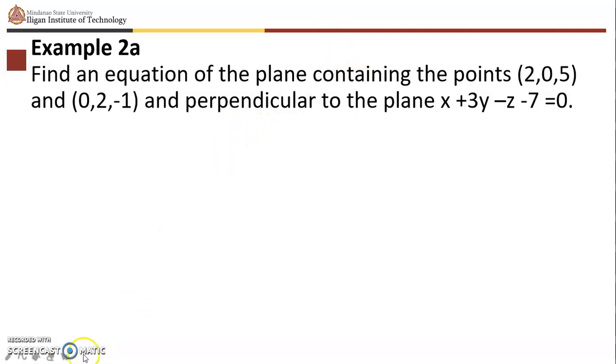So let's take a look at the following plane. Suppose this is your plane that contains the point (2, 0, 5), and at the same time it also contains the point (0, 2, -1).